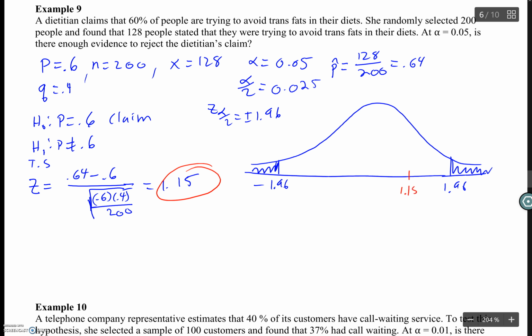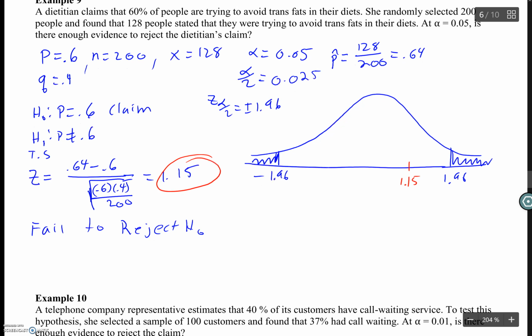So what are we going to say? Fail to reject the null. And what does that tell me about this study?